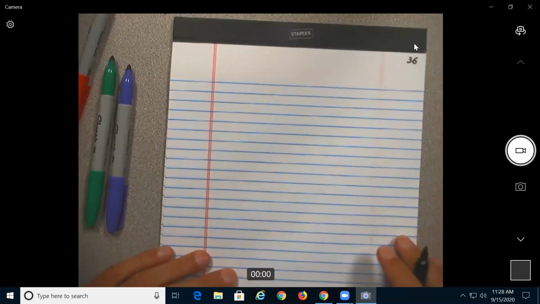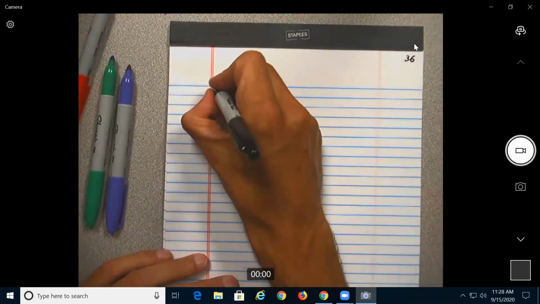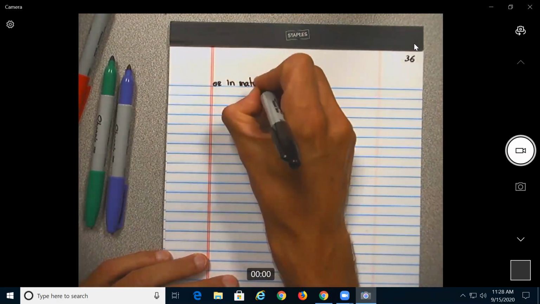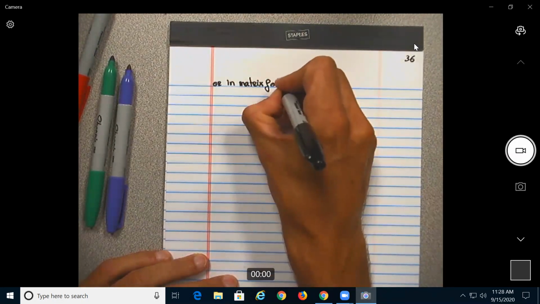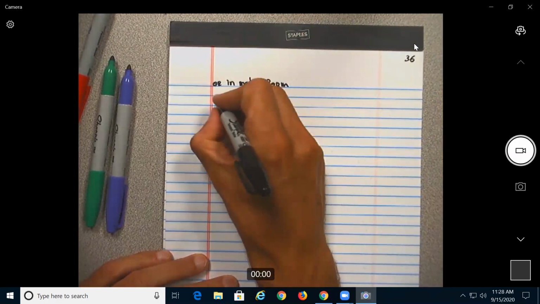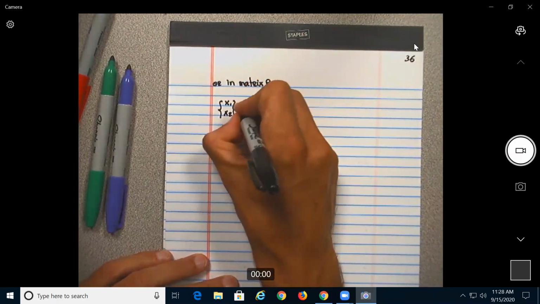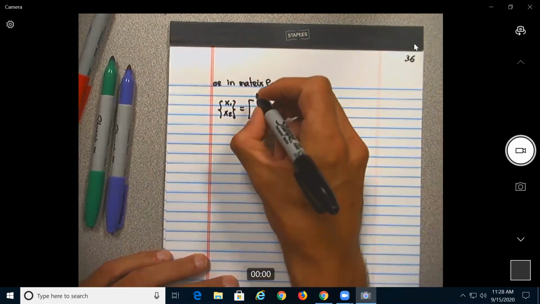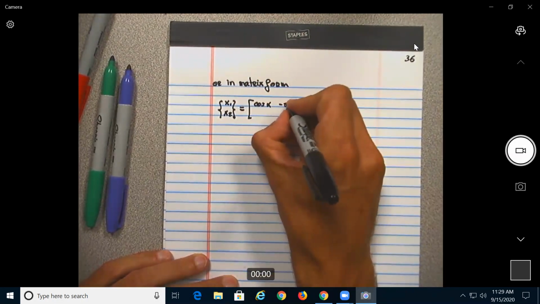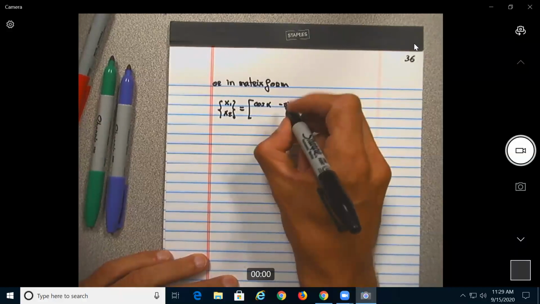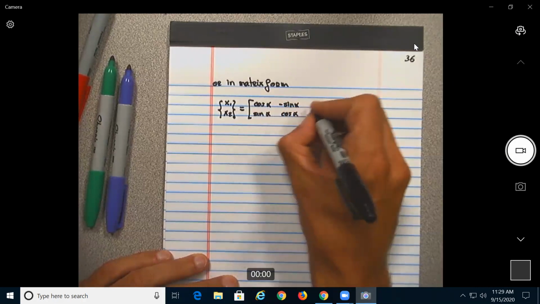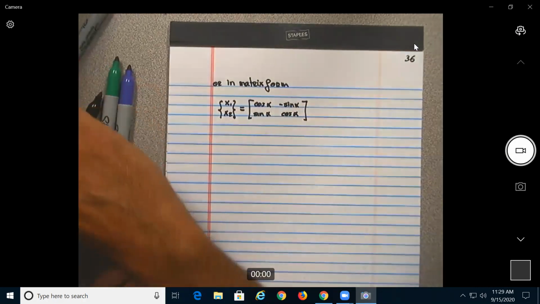Okay, you probably recognize the next equation, in matrix form. This is two-dimensional. You have x1, x2 is equal to cos alpha, minus sine alpha, sine alpha, cos alpha.